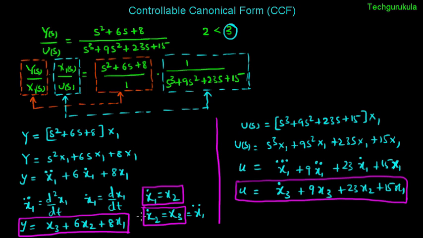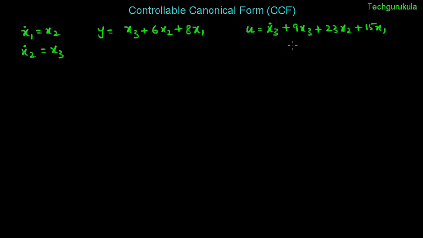Now using all these 4 equations, we'll represent them in standard matrix form. We have derived all these 4 equations from the previous slide. So let me rewrite this fourth equation, which is in terms of u and state variables: x3 dot can be written as minus 15x1 minus 23x2 minus 9x3 plus u, the input.